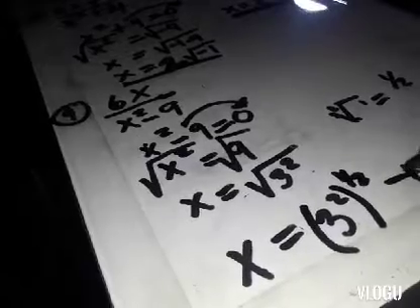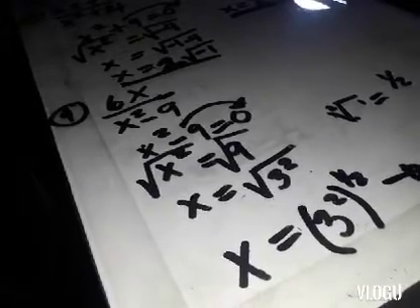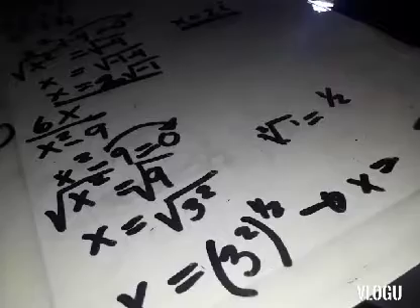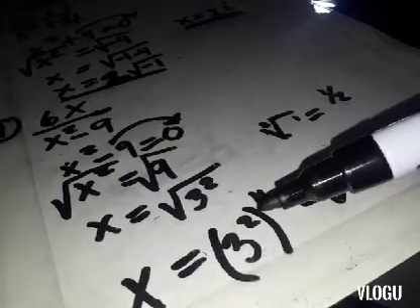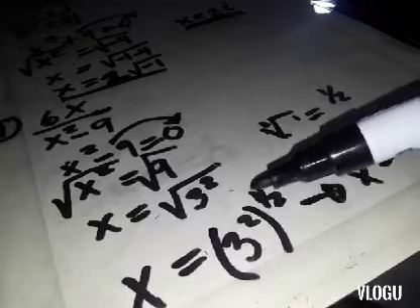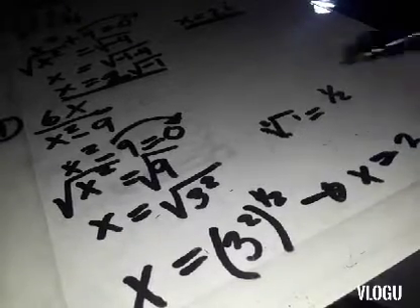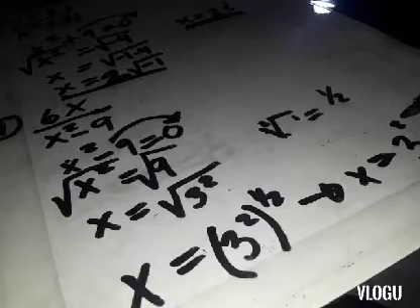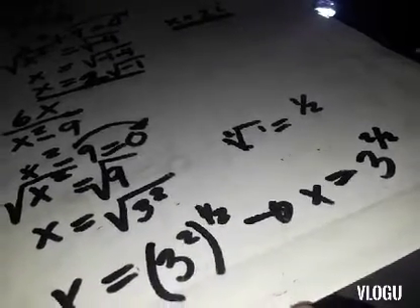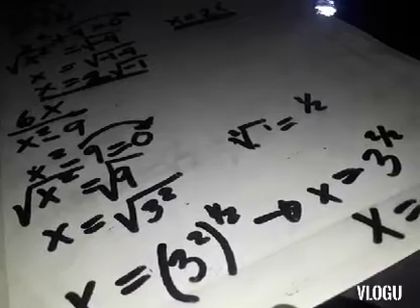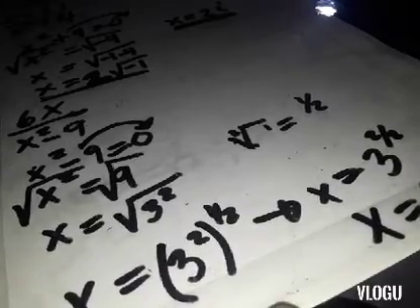So, mangyayari na dyan ay x is equal to 3 raised to, multiplying fraction to whole number. So, whole number to the numerator. 2 times 1, 2. And then, copy the denominator, 2. So, 2 divided by 2 is equal to 1 na siya. So, x is equal to 3.